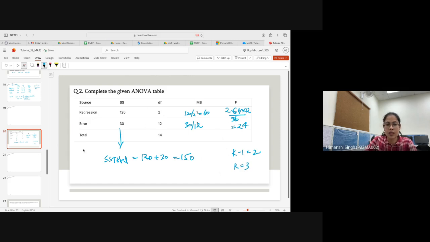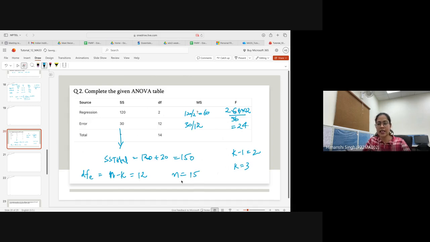Also, the degrees of freedom due to the error is n minus k. That is 12 here, and k is 3. So n is 15.